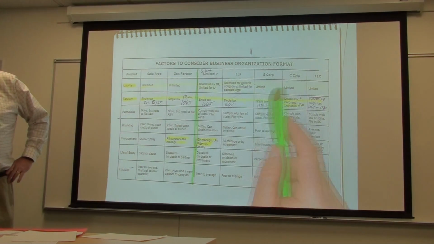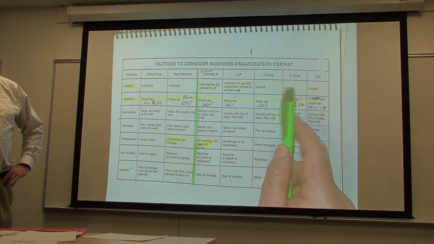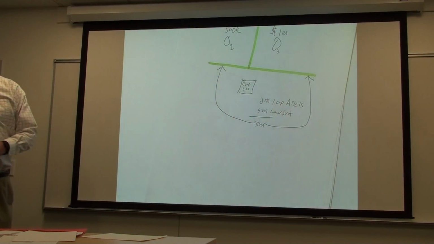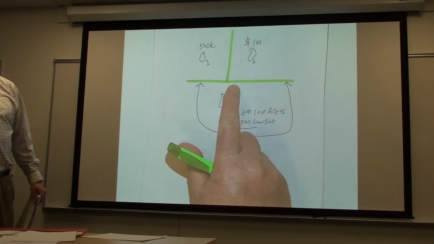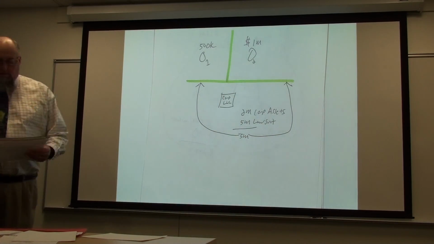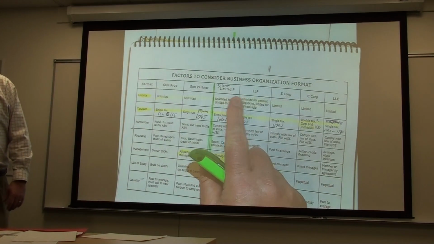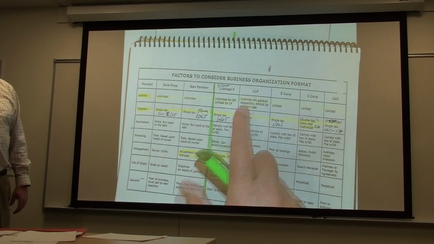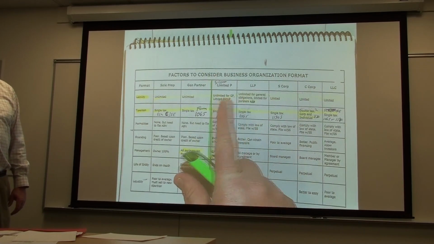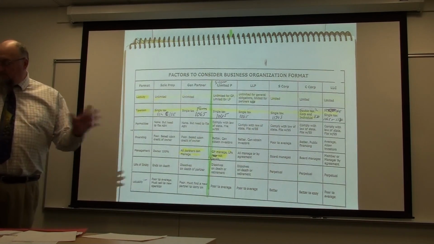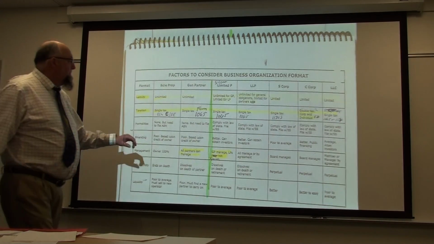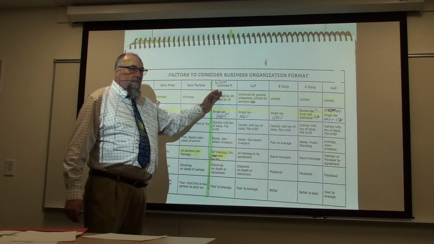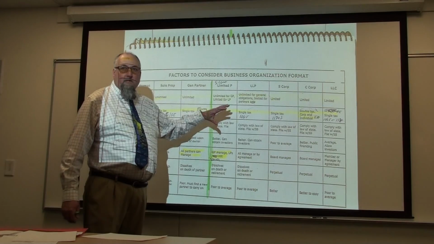And you see over here where we have limited liability, that's that full shield that I'm talking about right here. In between, we have limited partnerships and limited liability partnerships, and they're sort of a blend, and I'll diagram those out at a later time, where you have some liability protection, but it's not complete.